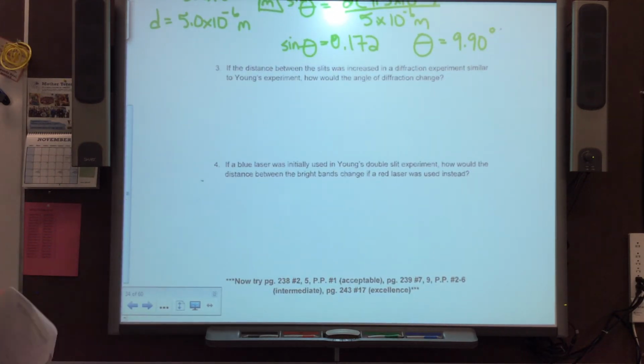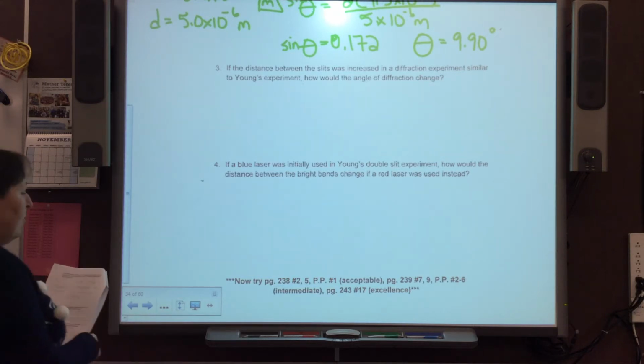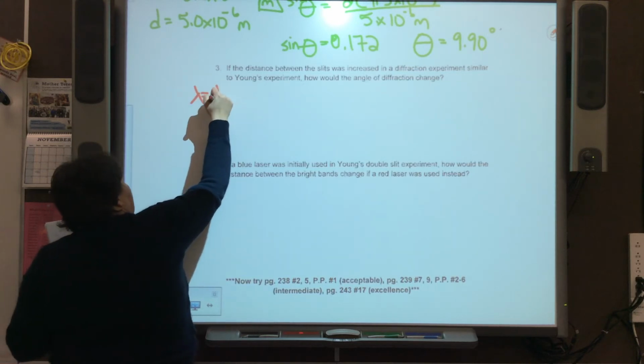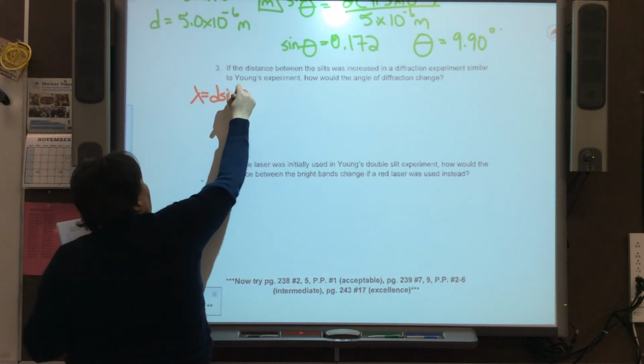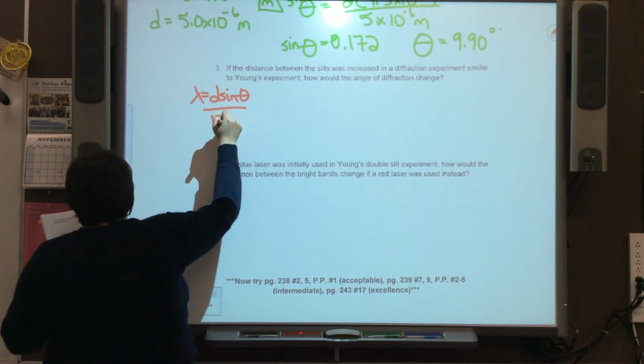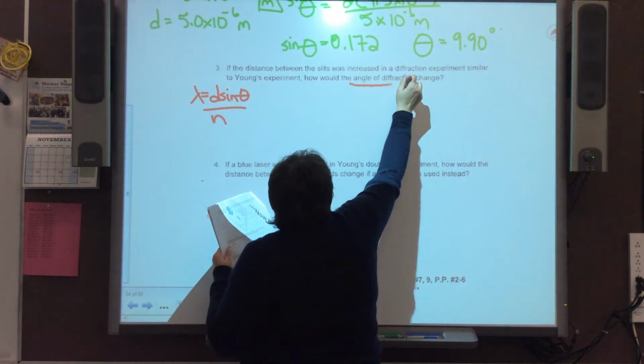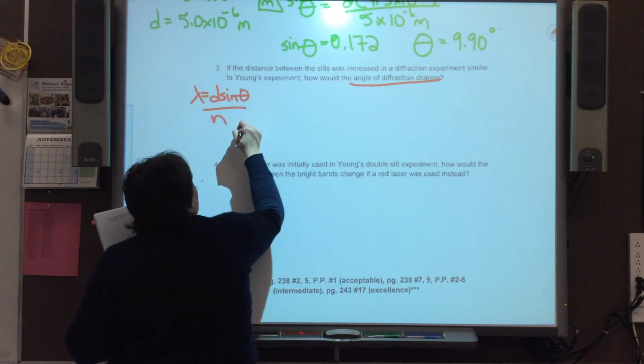If the distance between the slits was increased in a diffraction experiment similar to Young's experiment, how would the angle of diffraction change? Well, let's look at the formula. Lambda is equal to d sine theta over n. So we're asking how would the angle change?